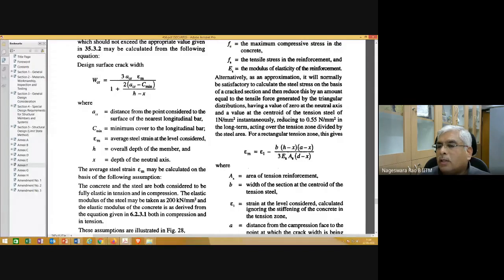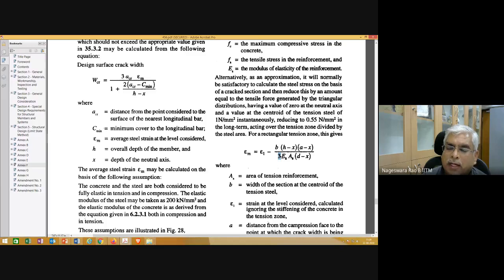Okay, so whatever is mentioned here for short term and long term, all that put together, the code is giving you for a rectangular tension zone. Take it in this manner. And what is this 3? This 3 has units.